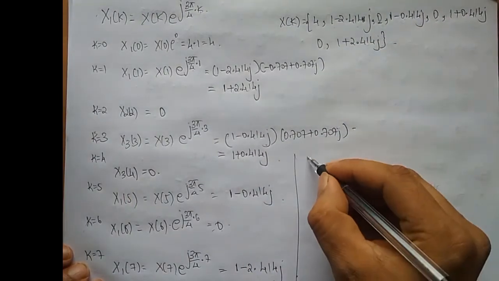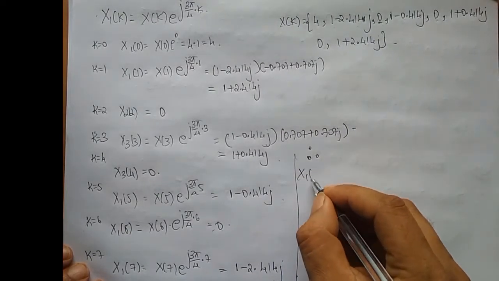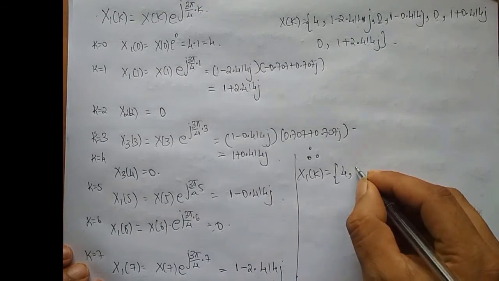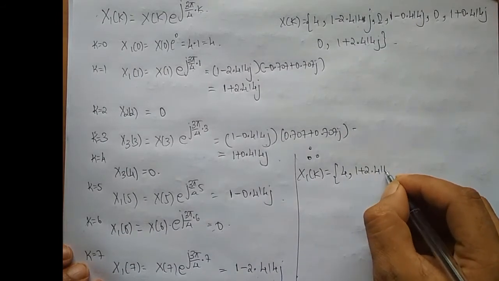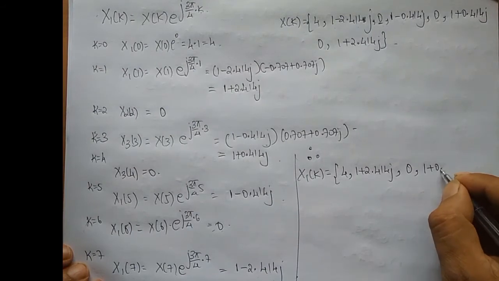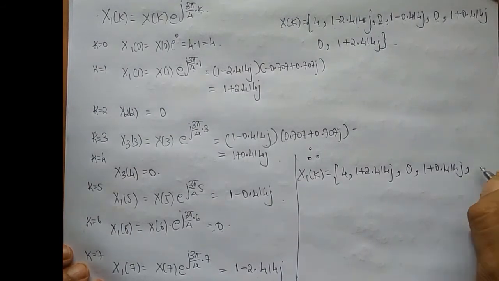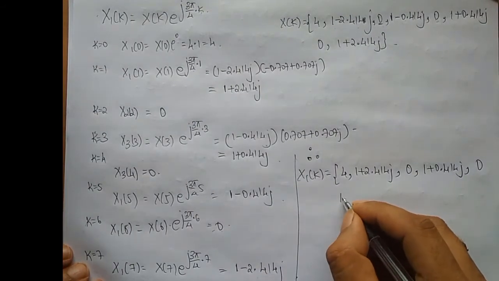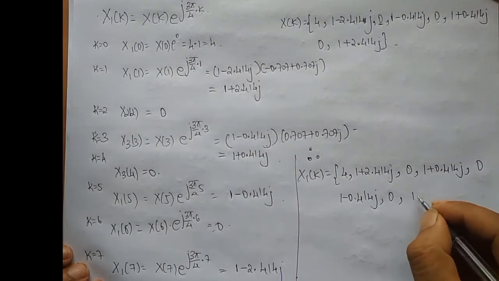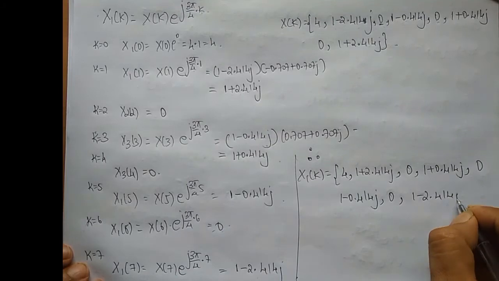Okay, so therefore x1 of k is equal to 4 comma 1 plus 2.414j comma 0 comma 1 plus 0.414j comma 0 comma 1 minus 0.414j comma 0 comma 1 minus 2.414j.